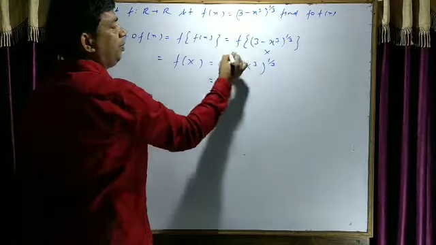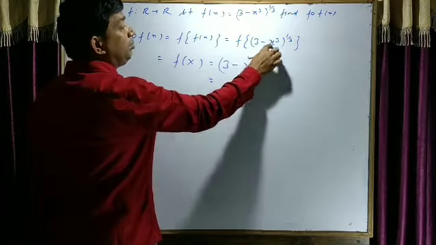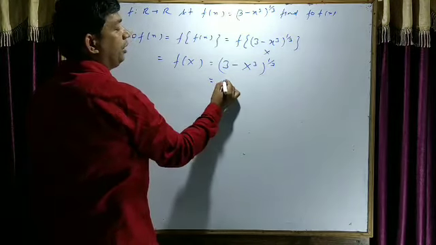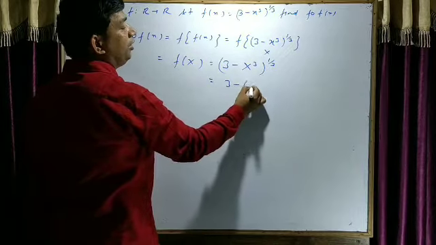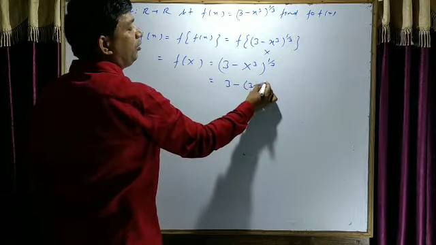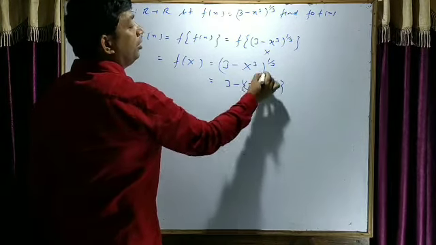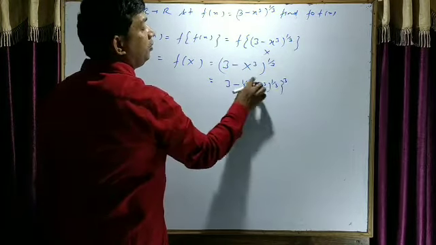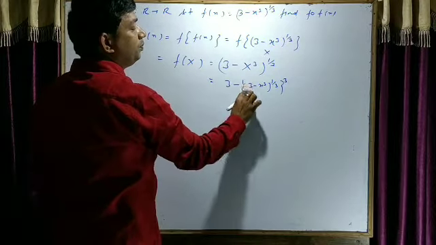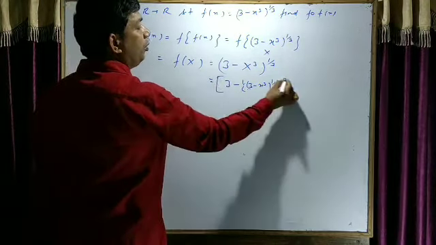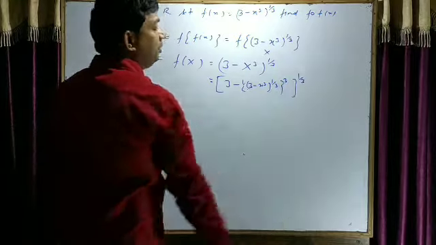Now that capital X is replaced by (3 minus x cubed) whole power 1 by 3. So 3 minus, in this we can write (x cubed) whole power 1 by 3, and this power is 3. In place of x I have written only x, and again this whole power is 1 by 3.